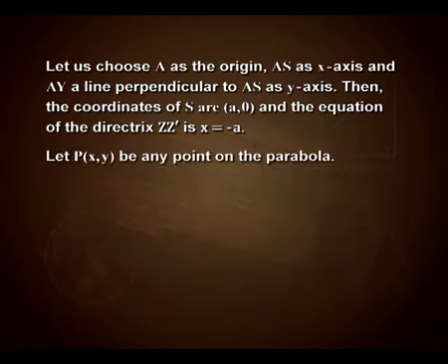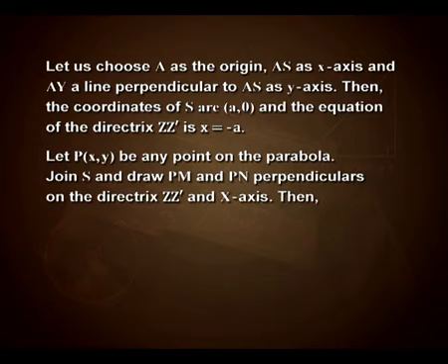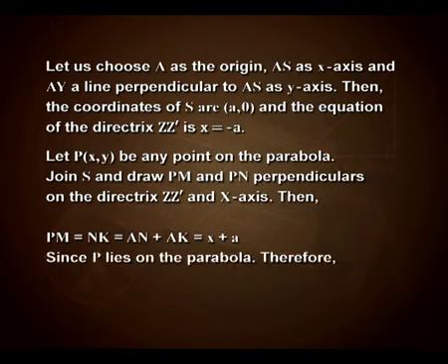Let P(x, y) be any point on the parabola. Join S and draw PM and PN perpendiculars on the directrix ZZ' and x axis. Then PM is equal to NK, that is equal to AN plus AK, which can be expressed as x plus a. Since P lies on the parabola, therefore, SP is equal to PM.